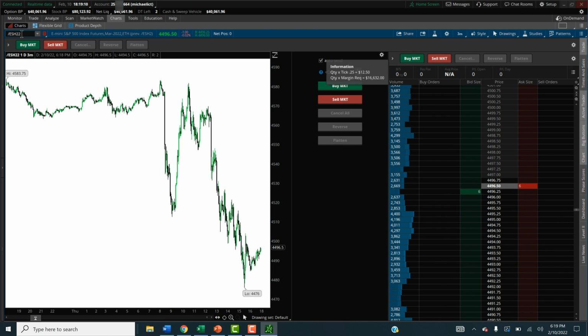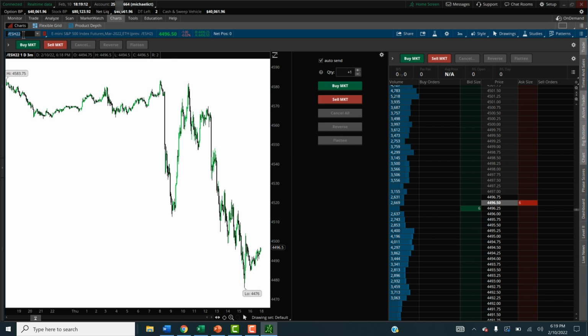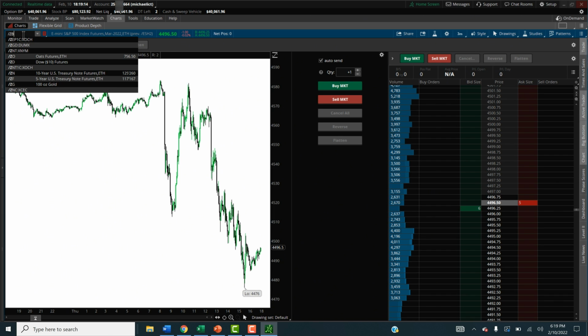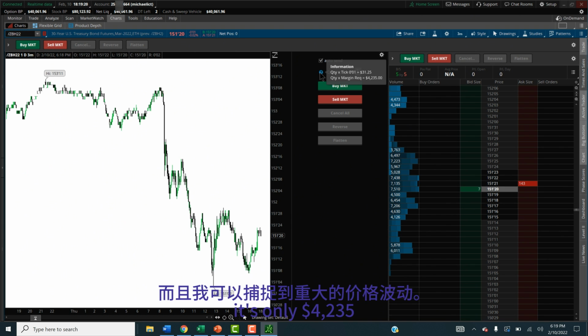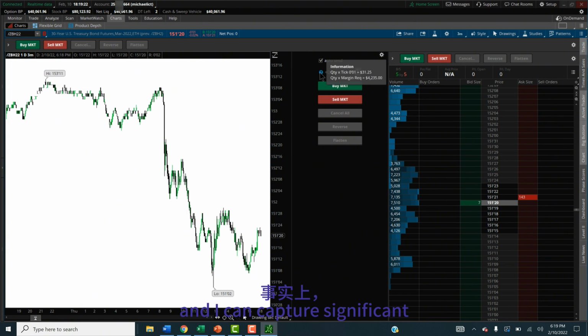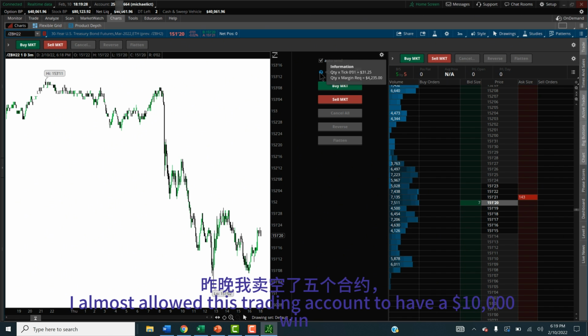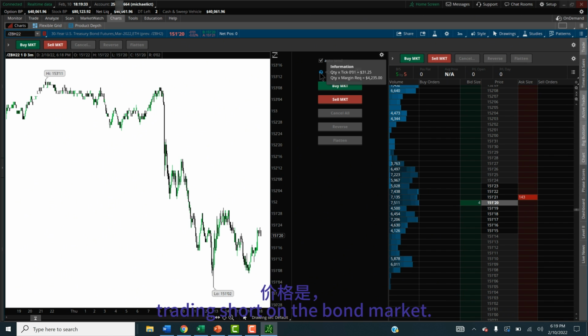Contrast that with the bond market. If I want to trade just one contract of this, it's only $4,235, and I can capture significant price moves. In fact, I almost allowed this trading account to have a $10,000 win trading short on the bond market.